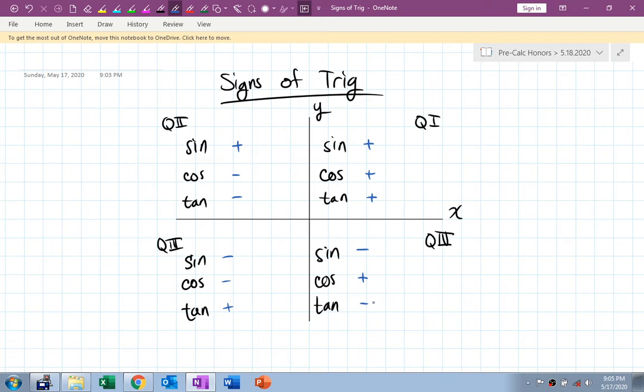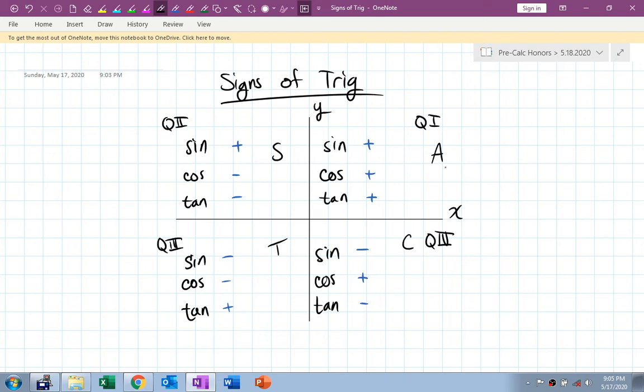I don't know if you've ever heard of it, there's not really an acronym. I know there's a name for them, where you learn things by creating a phrase. But we usually say all students take calculus.